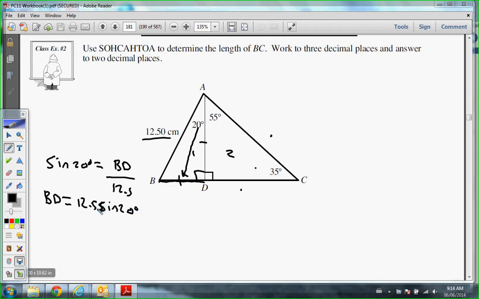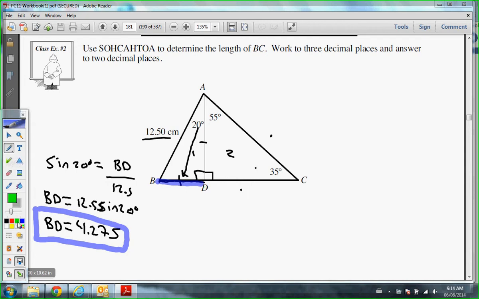Just put in your calculator just like that, and it'll give you that BD is 4.275. We're going to kind of save that one because that is part of our answer, because that's one chunk. We need to get DC, but that'll come later.